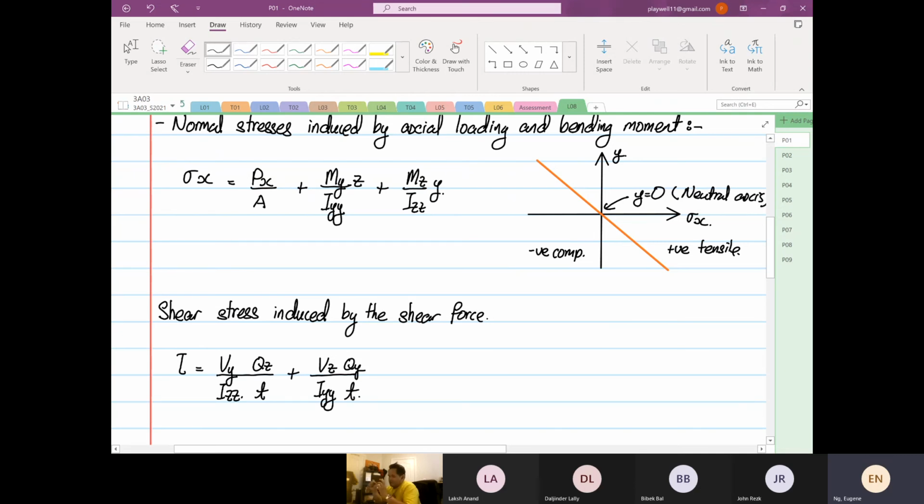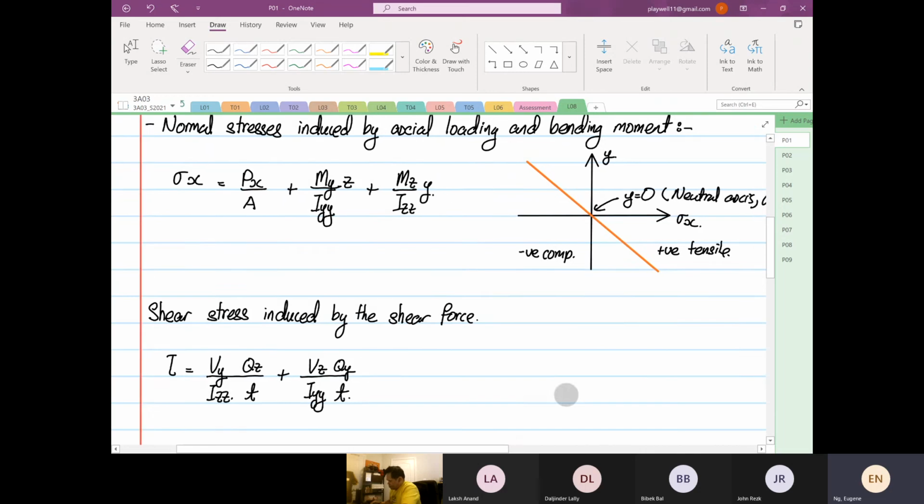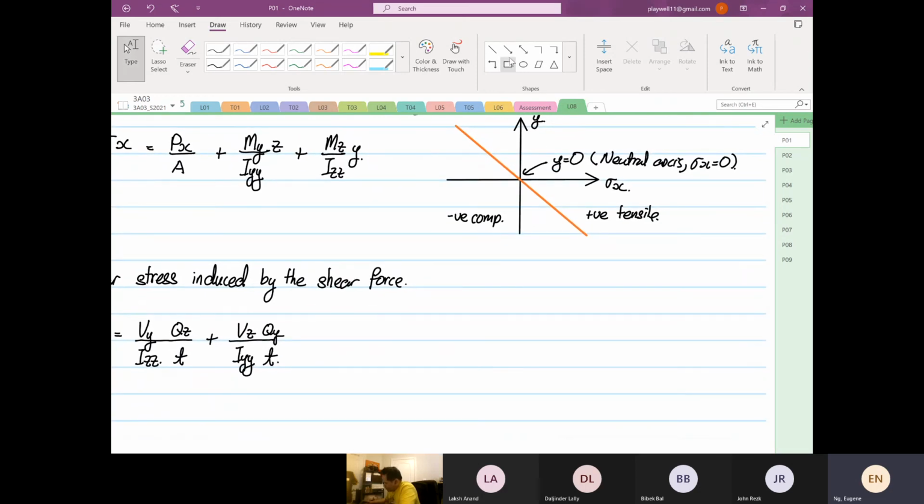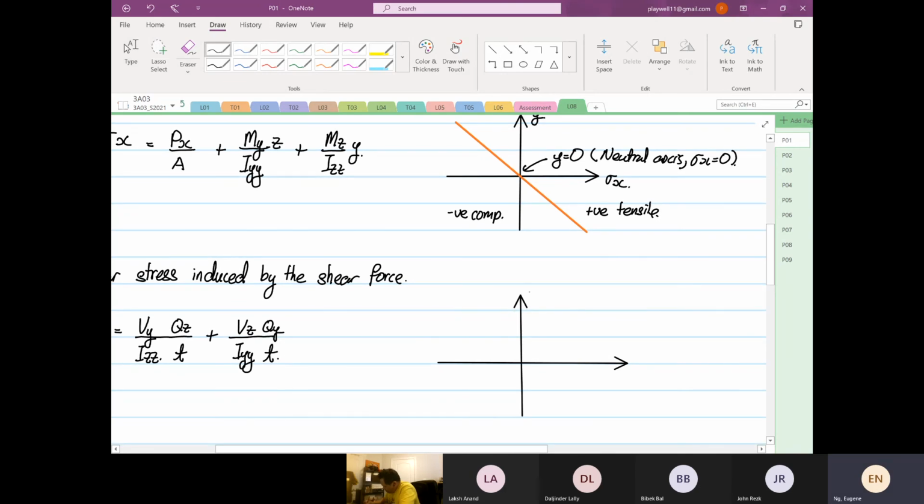We have both components together because it is under 3D loading, so you have shear force in the y direction and shear force in the z direction. Now if we were to construct our shear stress profile, this is again our y, and this is our shear stress.